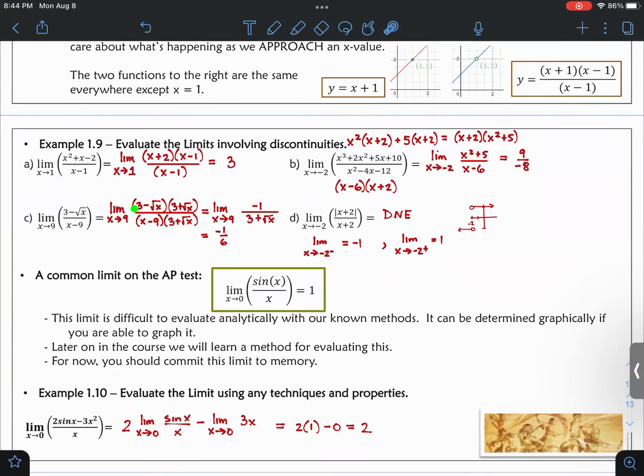In other words, if I see 3 minus root x, I multiply by 3 plus root x, top and bottom, and then I get some nice cancellation. That's because the top, when you multiply this together, turns into 9 minus x, which is essentially x minus 9 just multiplied by negative 1. So I'm canceling out the x minus 9 and getting a negative 1 there. What remains here, you can plug in your 9 and get back an answer.